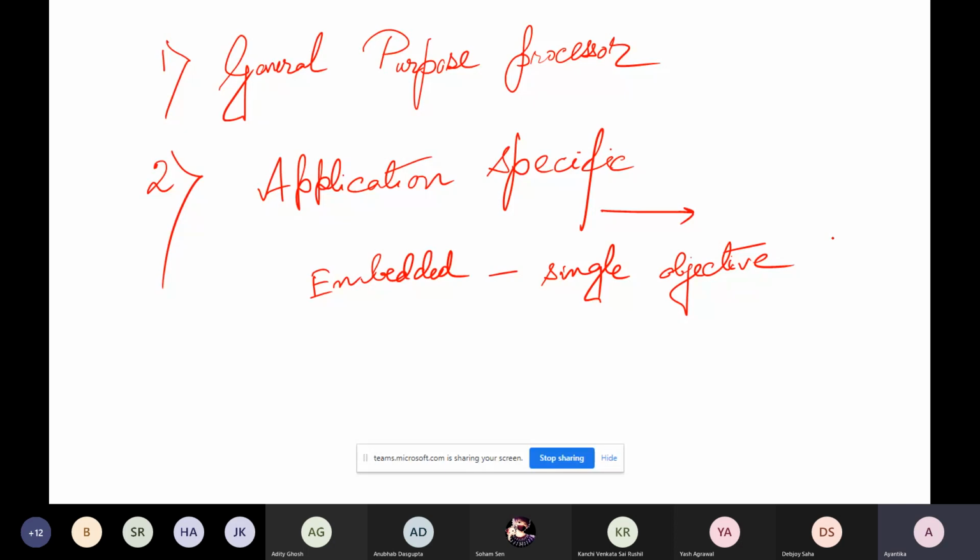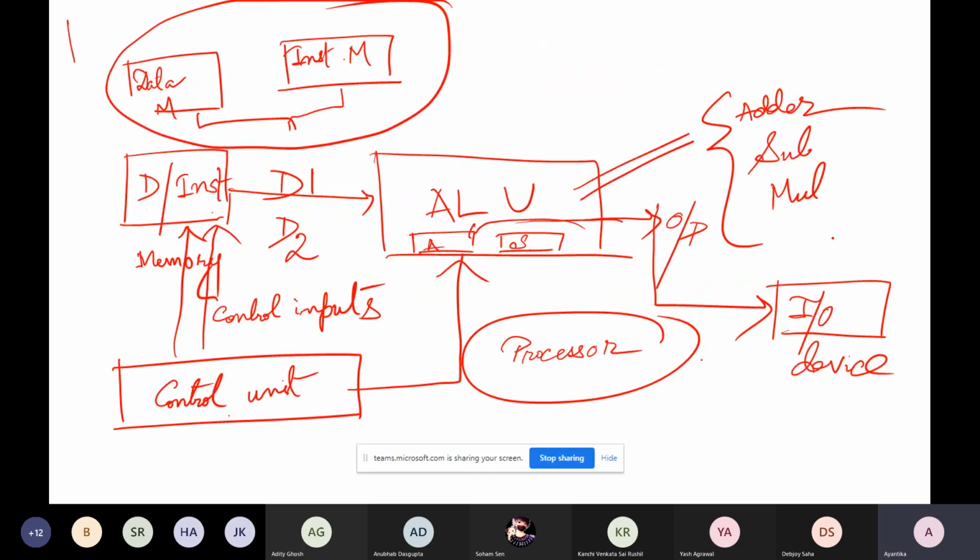So maybe for that we just need the adder or just the subtractor. That's all. It is not required to have everything in this ALU. So the ALU in this processor is very much application specific, where for a single application or a certain domain of application, whatever basic blocks are required, only those are supported in this ALU.